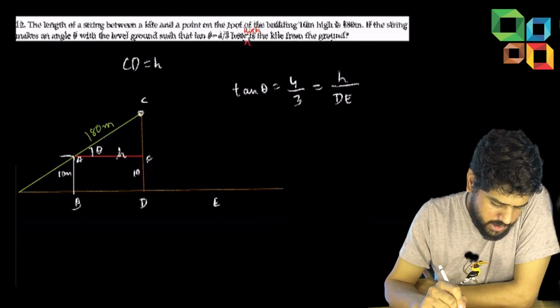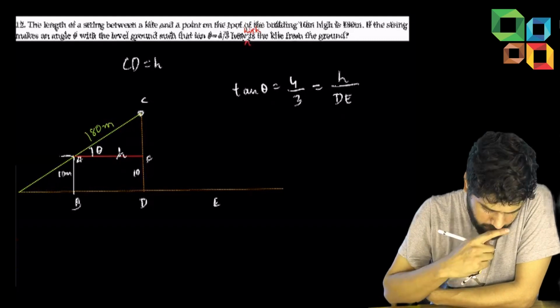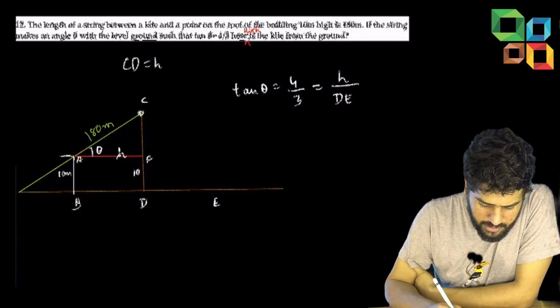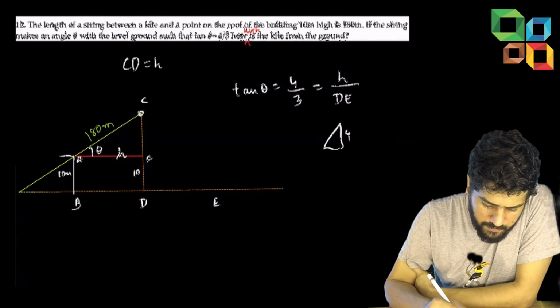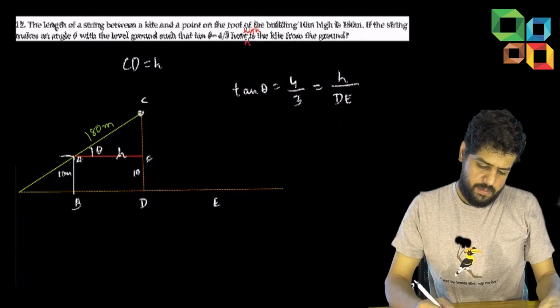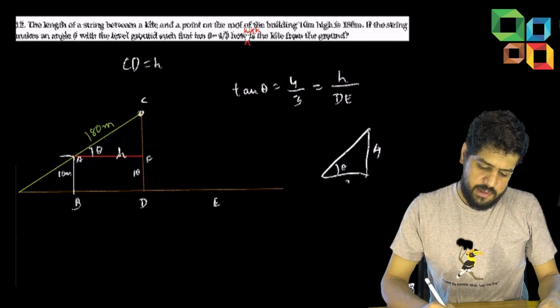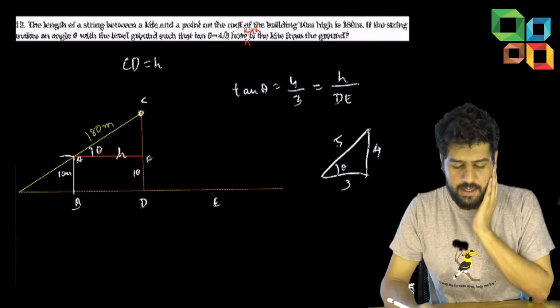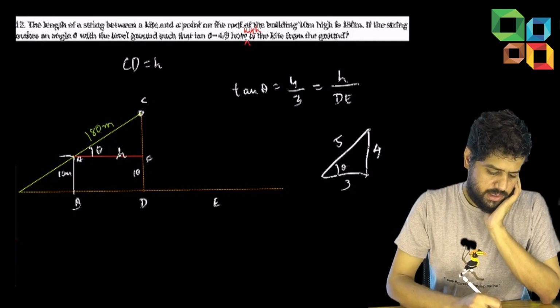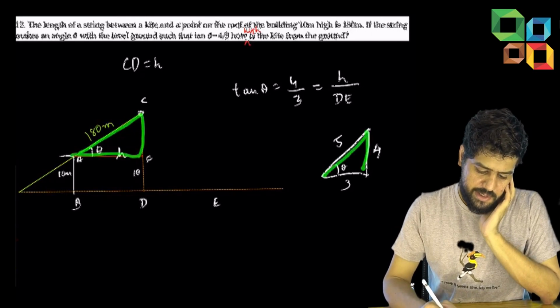If CD is equal to h, we can draw this triangle. If this is 4, this is 3, this will be 5. So this triangle is similar to this triangle.